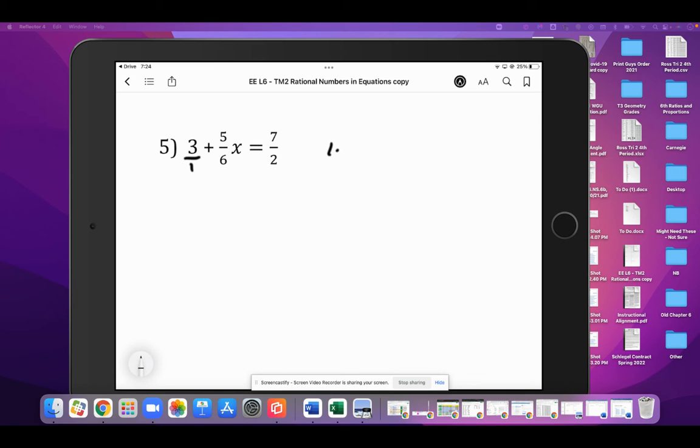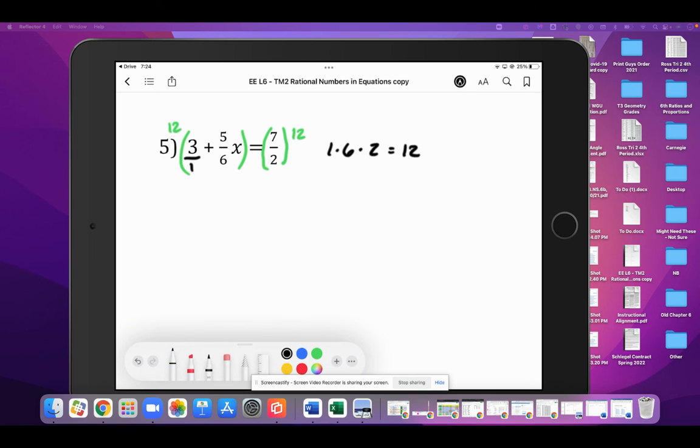But if I didn't see that, I could just multiply all 3 denominators and get a common denominator. So I will pretend that I didn't see that 6 would work, and I will go ahead and use 12. If I use 6, I will get the exact same answer as I would if I used 12.